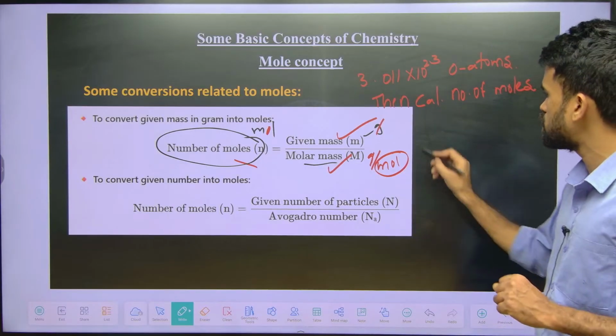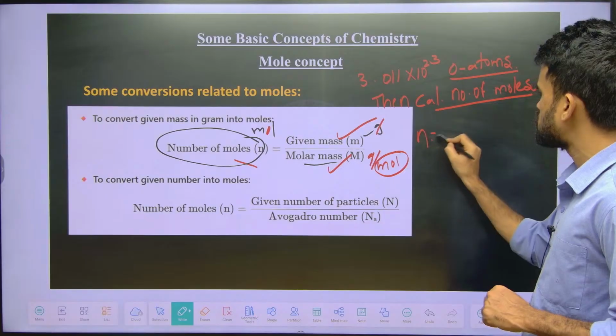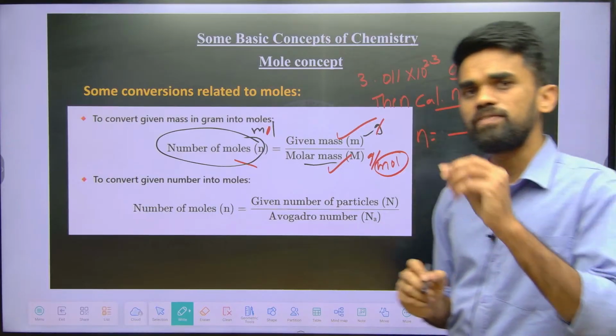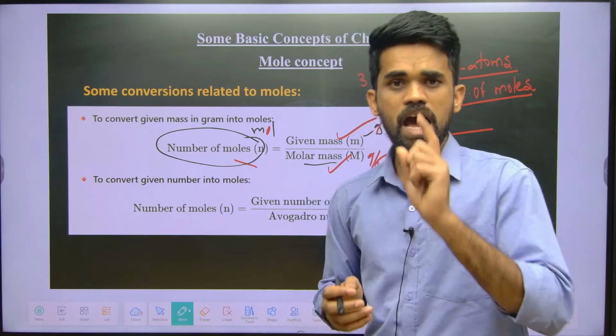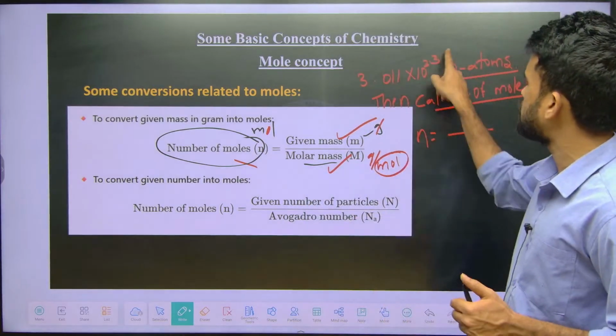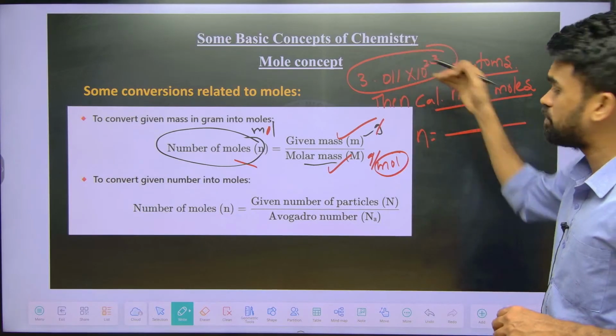They have mentioned oxygen atoms. So the number of moles: 1 mole of any substance contains the Avogadro number of particles. So always divide the given number by the Avogadro number.